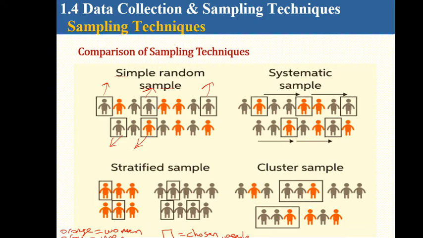We might have more men, or more women. It's not important because we are doing simple random sampling. But in systematic sampling, we give numbers to them: 1, 2, 3, up to 15, and then you choose a starting point and then you select the sampling interval.